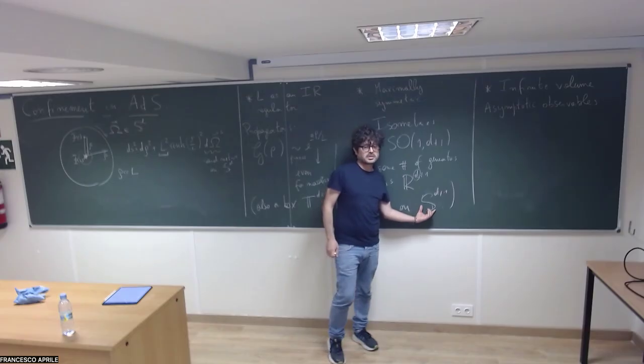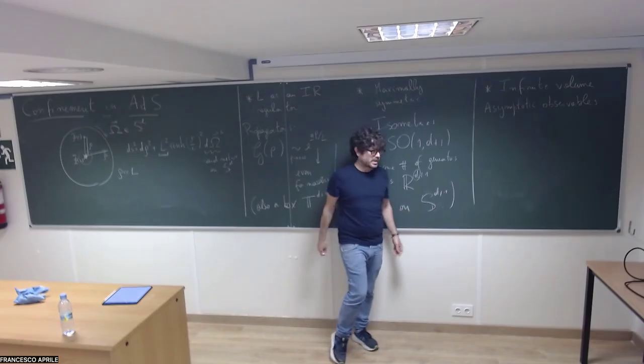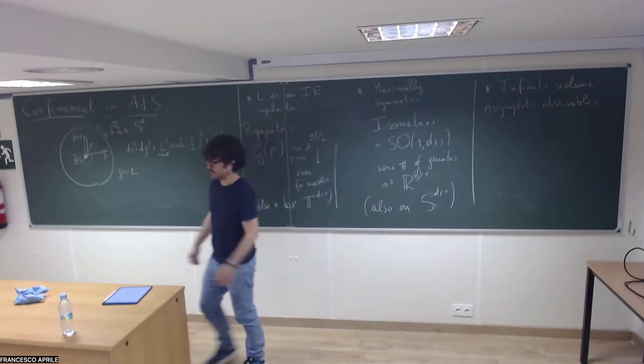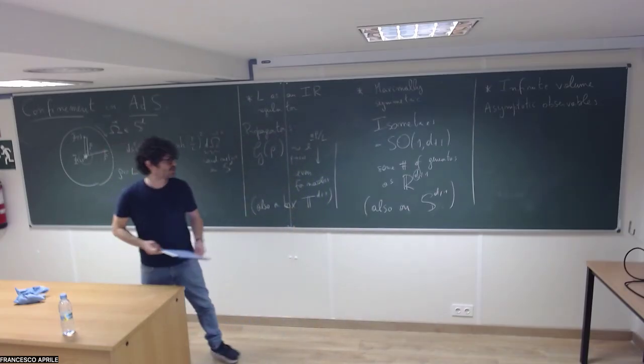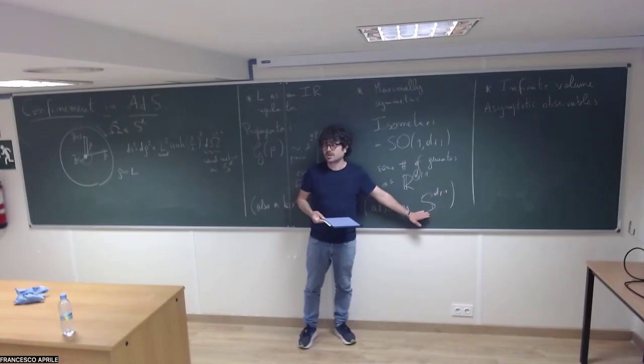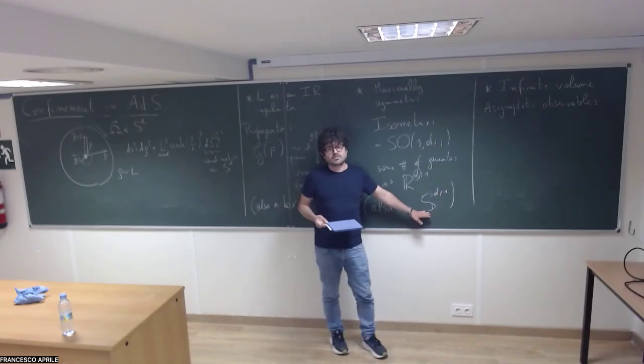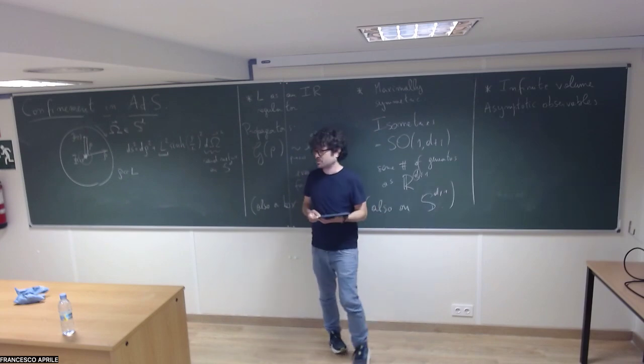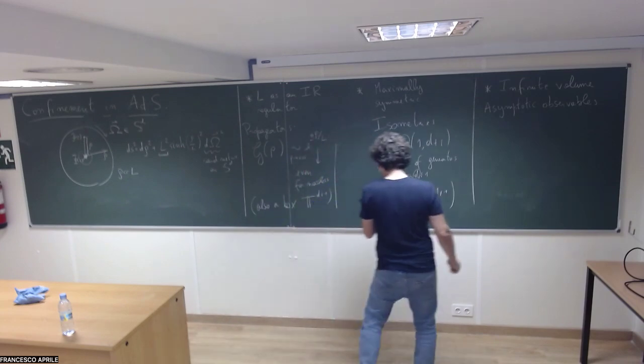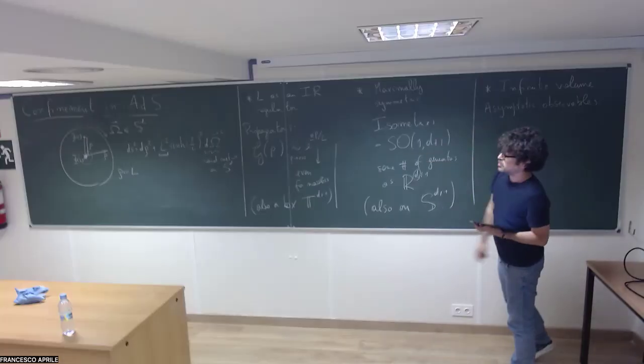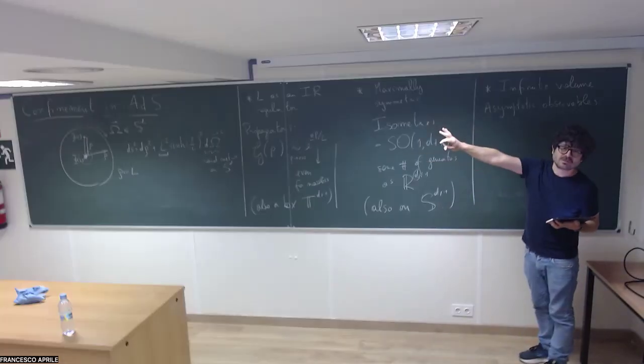If I study my theory here, I don't have an infinite space where I can send my particles from and let them go to. So it's a bit more boring. I can just compute things which are analogs of correlators, but I can't do stuff more similar to scattering. Instead, in this hyperbolic geometry, I even get to discuss things at infinity.